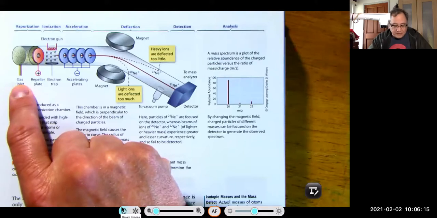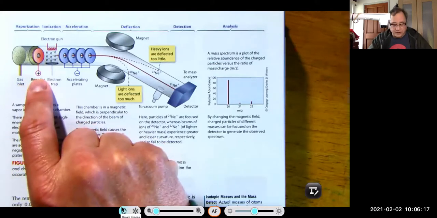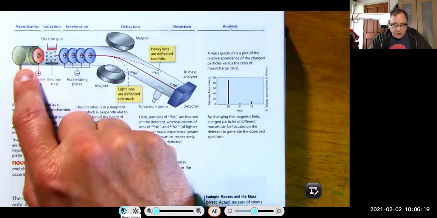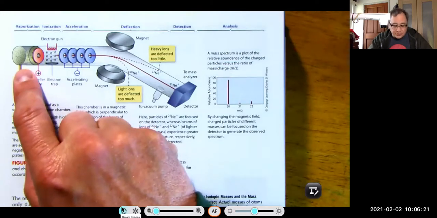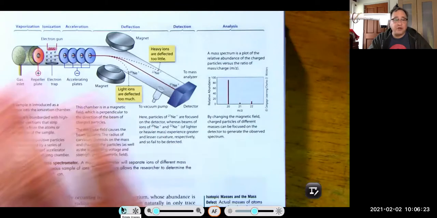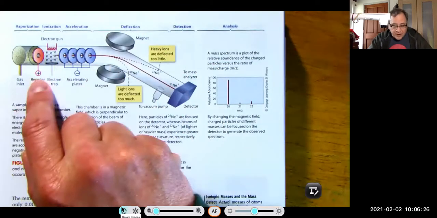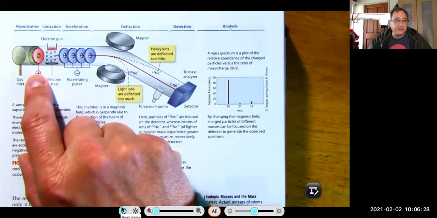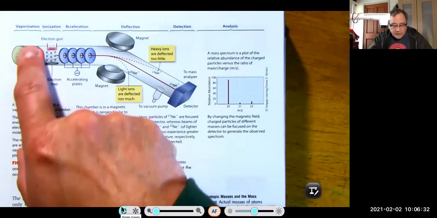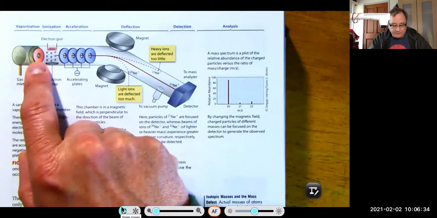Now here you see we have a repeller plate that has a positive charge. Now gaseous gold and all of these samples that are inserted into the instrument, they're neutral, they have no charge. So they're not attracted to this repeller plate and they're not repelled by it. But the gas particles will make through that little hole there.